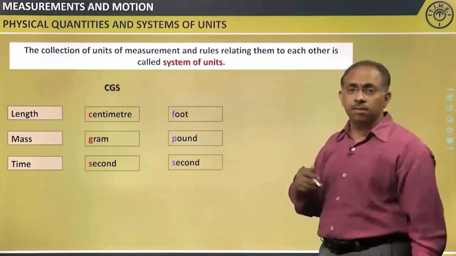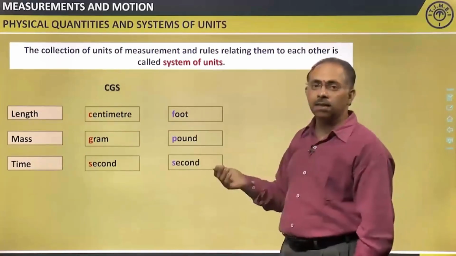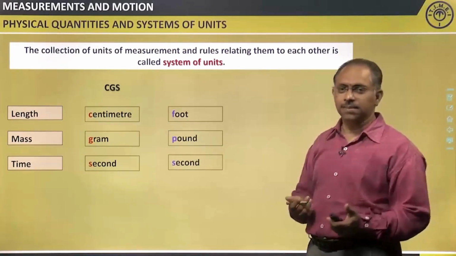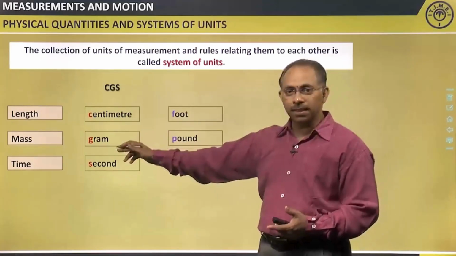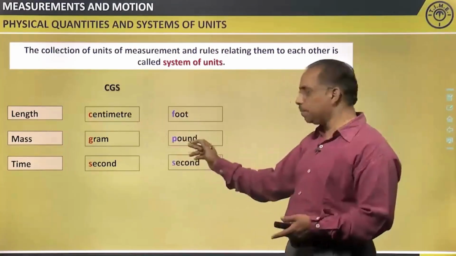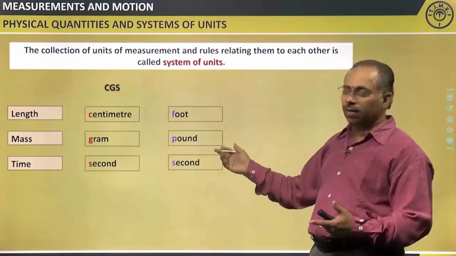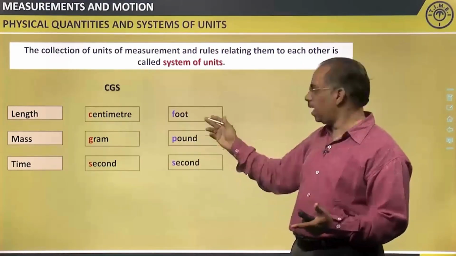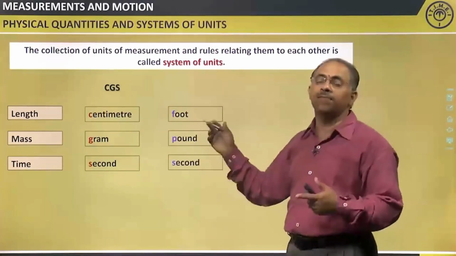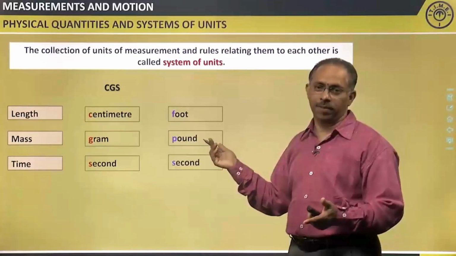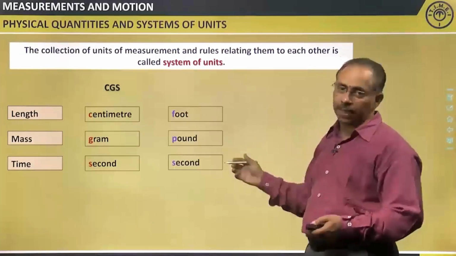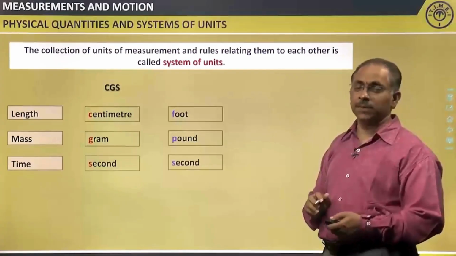If I want to measure density now, what will be the unit? Have a guess. Earlier it was gram per centimeter cube. Now mass is measured in pound and length in foot, right? Yes, you are right, it is pound per cubic foot. Similarly, speed, as I told you, is foot per second to be precise.